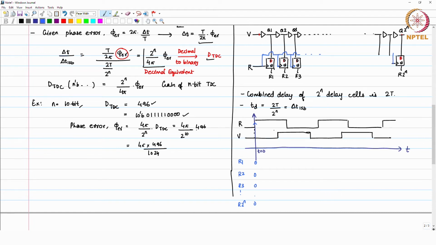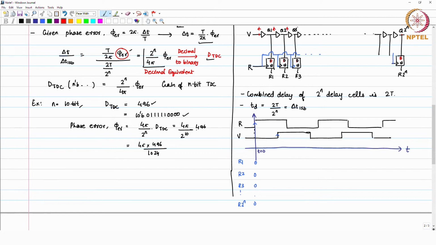Then after some time, you see a rising edge on V coming after a certain delay. If you get the rising edge on V after a certain delay, then that rising edge is going to propagate through these delay cells.